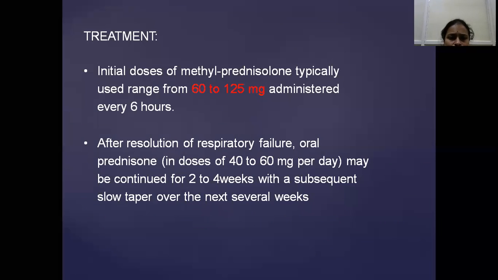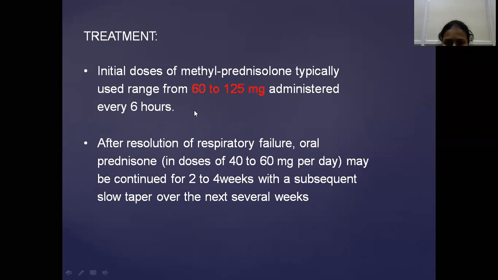Coming to the treatment of acute eosinophilic pneumonias. Simple pulmonary eosinophilias resolve on their own. Drug and toxin-induced eosinophilic pneumonias also resolve on elimination of exposure to the drug. In case of acute eosinophilic pneumonias, we start initial doses of methylprednisolone, typically in the range of 60 to 125 milligrams, administered every 6 hours initially.